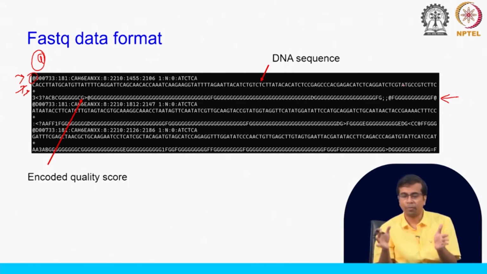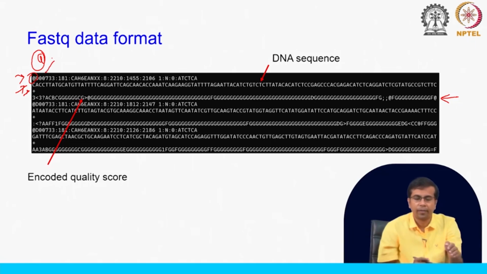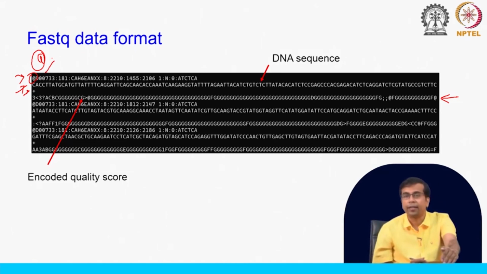So, you probably now see this is a much more efficient way of storing this next generation sequencing data, right. You have the sequence along with the quality score in the same place. So, when you are reading this file, for every read with this identifier, right, here you have this identifier, for every read you have the sequence data along with the quality score, just one after another.